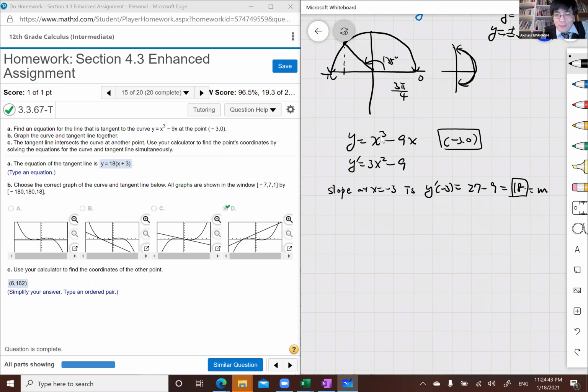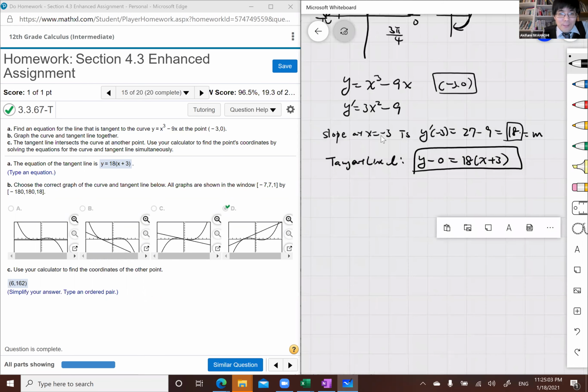So the equation of the tangent line is y minus the y value equals the slope times x minus the x value. So that's going to be the equation of the tangent line. Okay, now looking at the graphs. Well, you know that y equals x cubed minus 9x is a cubic function with a positive coefficient in front of the cube.